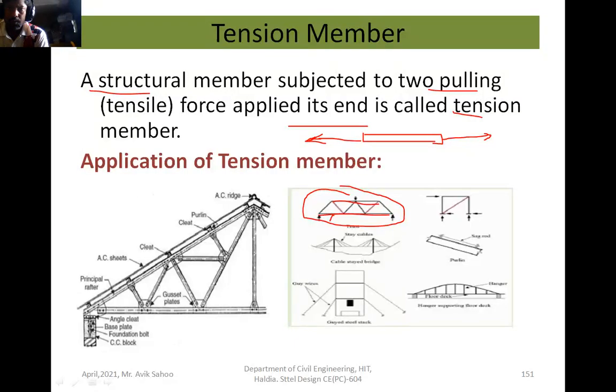In a truss all members are axially loaded, so axial stresses are developed, either tension or compression. In the bottommost tie member the tensile stress is developed, so that's why these members are called tension members.